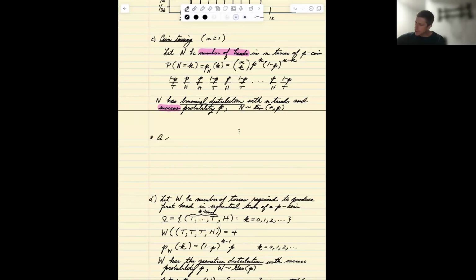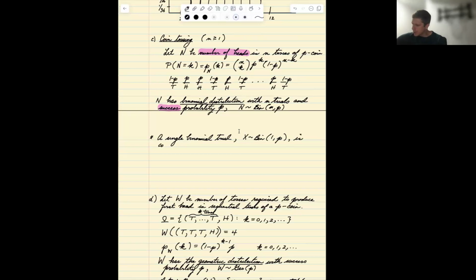If we only toss the coin once, so a single binomial trial, if we take n to be 1, we have a random variable X with number of trials 1 and success probability p.